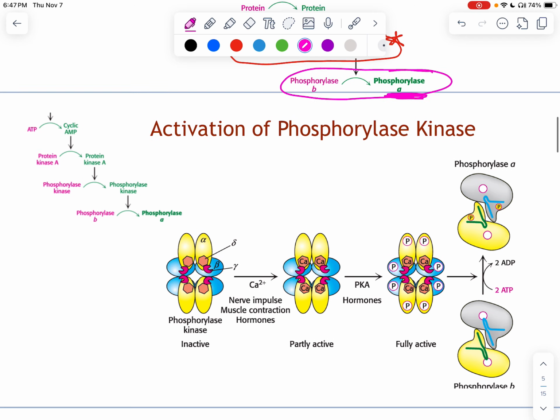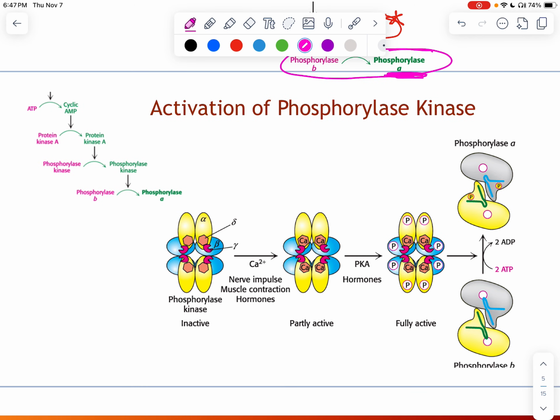Let's come down here and look at the activation of that phosphorylase kinase. Just to highlight where we are, this piece here is this here. So the epinephrine or the glucagon has stimulated our whole G protein cycle, and we've gotten down to this phosphorylase kinase. Two things help activate it.